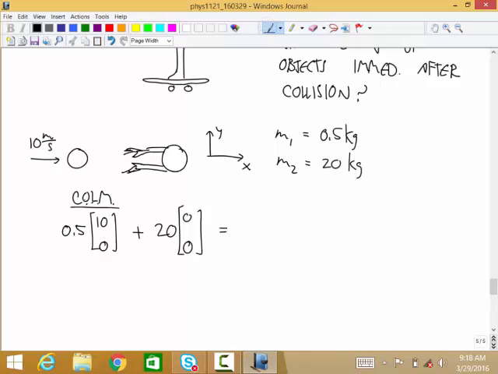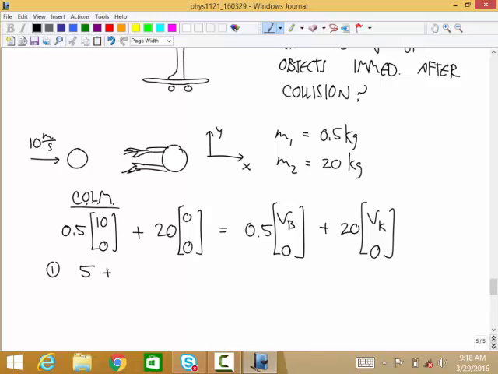Okay, so if it's elastic, then after the collision, we have 0.5 times the velocity of the ball, and we're assuming it's in the x direction. That could be positive or negative, plus the mass of the kid, and we're assuming that that's also horizontal. So we get one useful equation that says 5 plus 0 is equal to 0.5 VB plus 20 VK.